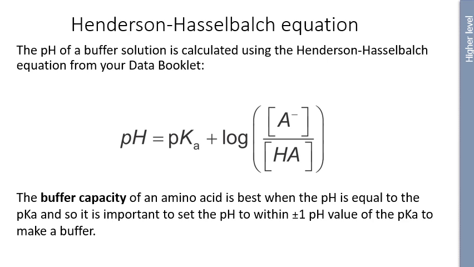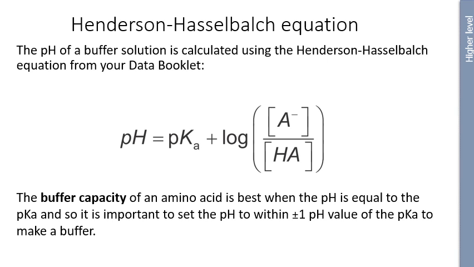At pHs less than the isoelectric point, the conjugate acid is the cationic form of the amino acid, the conjugate base is a zwitterion, and the pKa equals pKa1. At pHs greater than the isoelectric point, the conjugate acid is the zwitterion, the conjugate base is the anion, and the pKa equals pKa2.